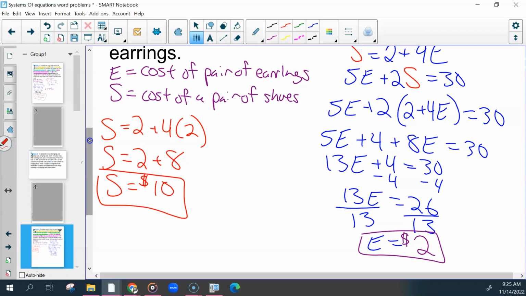What questions, confusion, anything like that do we have on this problem? We're going to do 3 more problems.